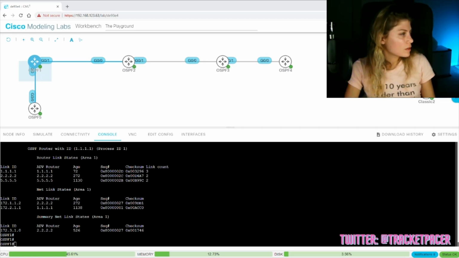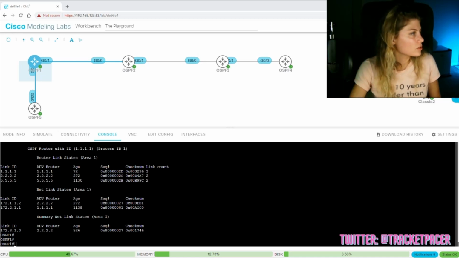IP OSPF authentication. MD5 authentication. IP OSPF message digest key 69 MD5 pacer.